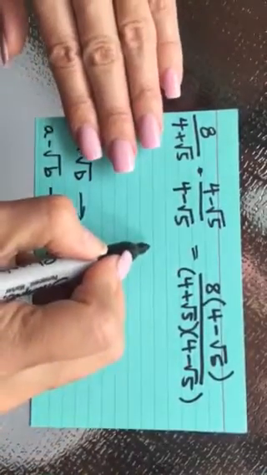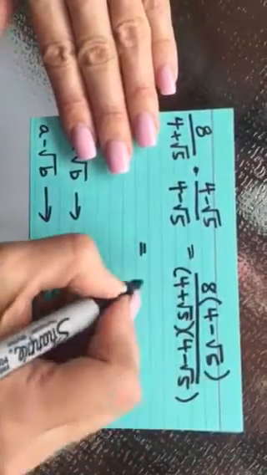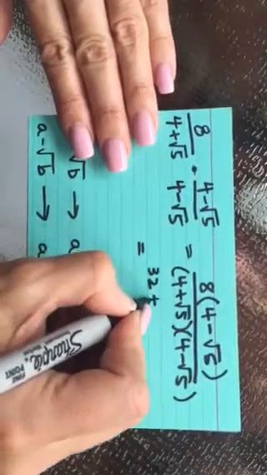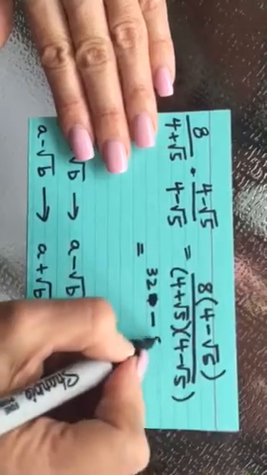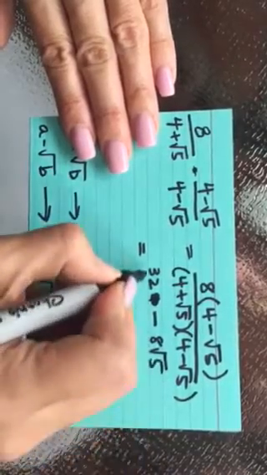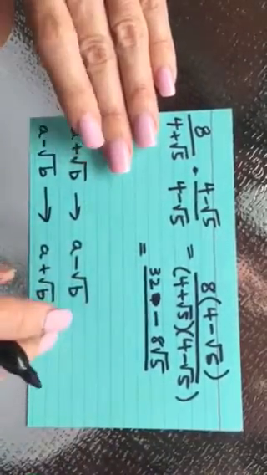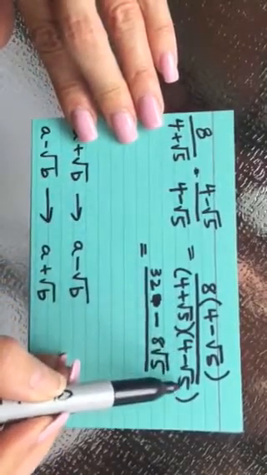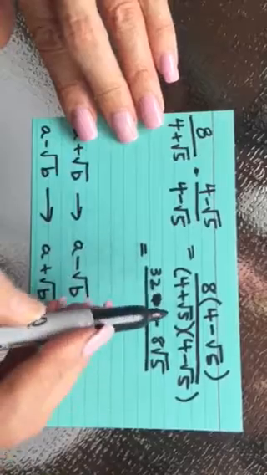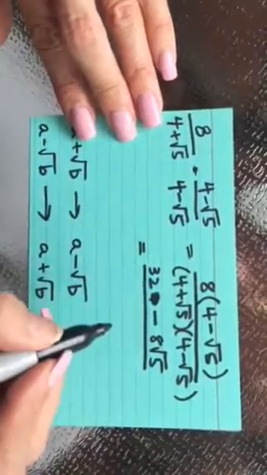Okay, so let's distribute the top. 8 times 4 gives us 32. Sorry, 32 minus 8 radical 5. And then on the bottom, we have A plus B times A minus B. If you see that pattern, you can just jump to A squared minus B squared.